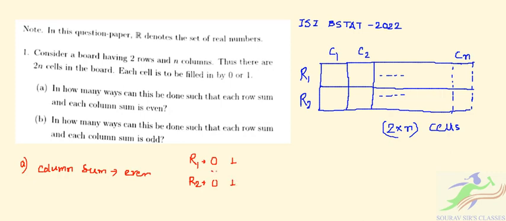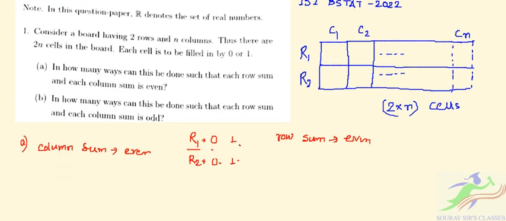So for 0 it should be 0, for 1 it should be 1, and you can see it all depends upon the row R1. If we find the number of ways to fill row R1, R2 will come out automatically, right? And here the row sum will also be even.